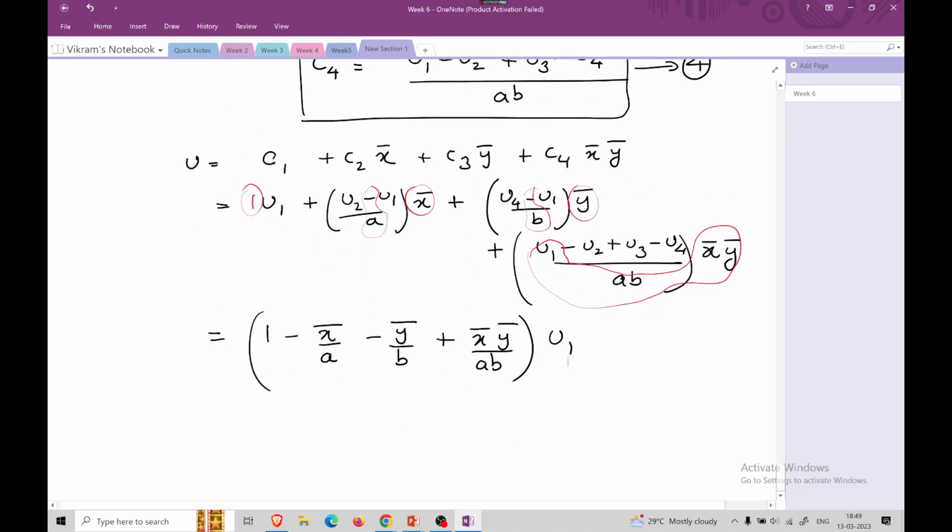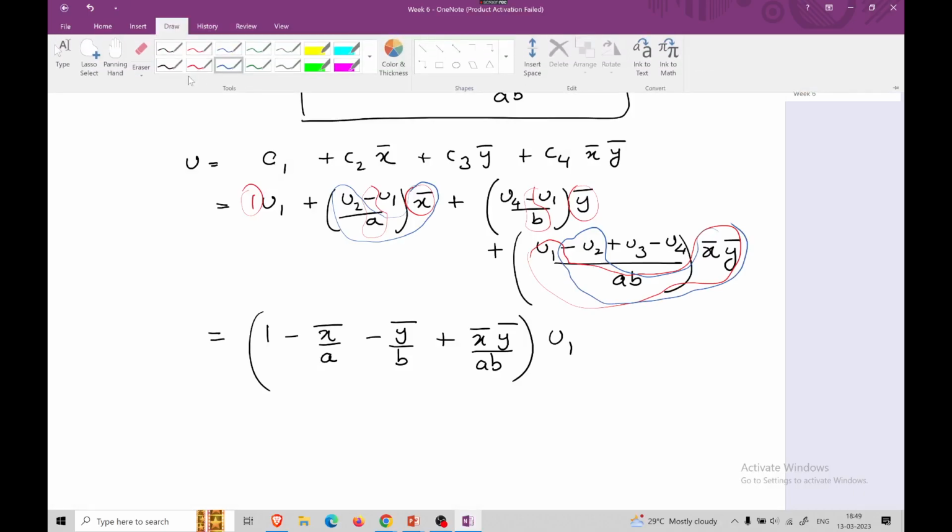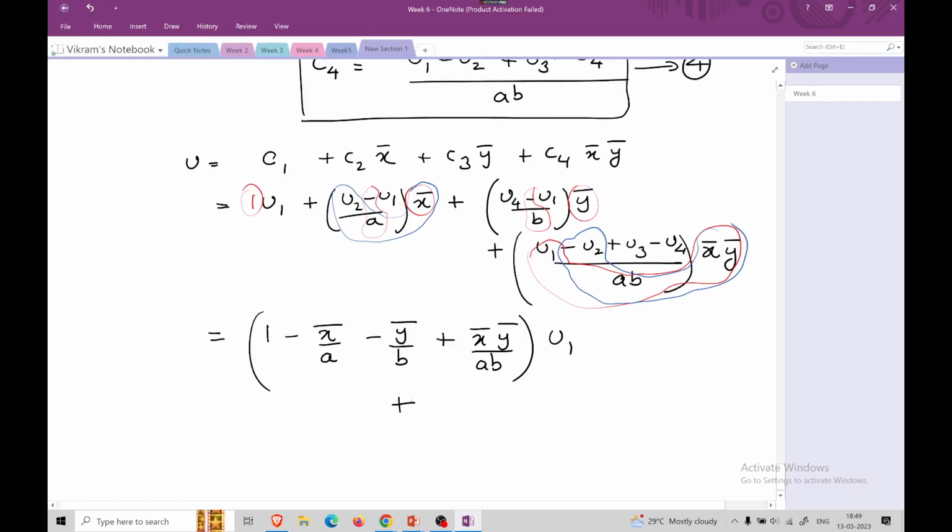Then U2, again we can see what the common terms are. One term is x bar by A here, and from here minus this term. So x bar by A positive, then minus x bar y bar by AB, into U2. For U3 there is only one term throughout, it's only x bar y bar by AB.